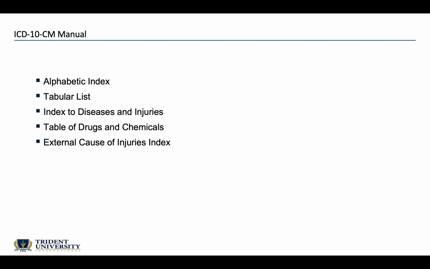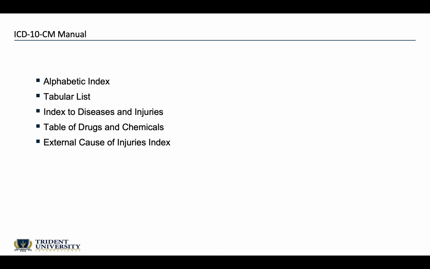And this provides a little more specification. For example, if you look up fracture in your alphabetic index, your subheading could be ankle, could be wrist, could be tibia. It could be a variety of different things. So it provides more specification. And once you're in your alphabetic index, once you find a code, it might give you a code or code range. That's when you go into the tabular list.